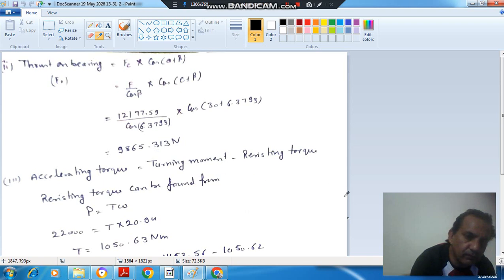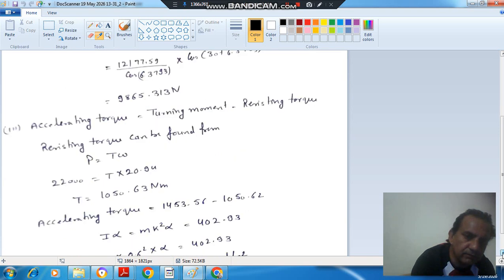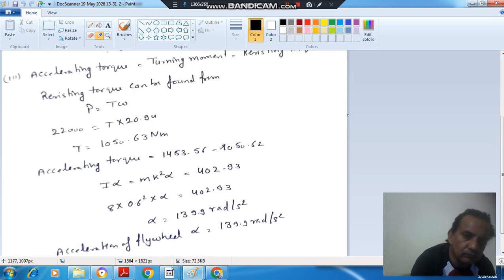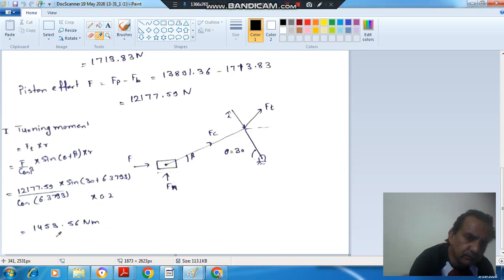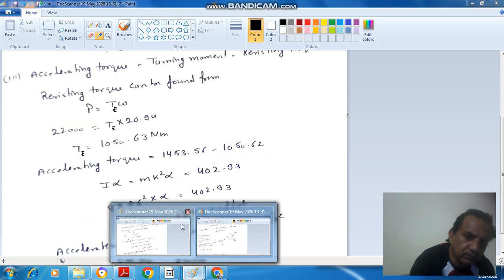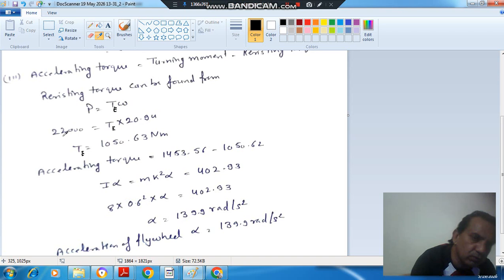Now we have calculated the turning moment, which has come out as 1453.56. Now the power is given as 22 kilowatt or 22 into 1000 watt, so we can calculate the engine torque.